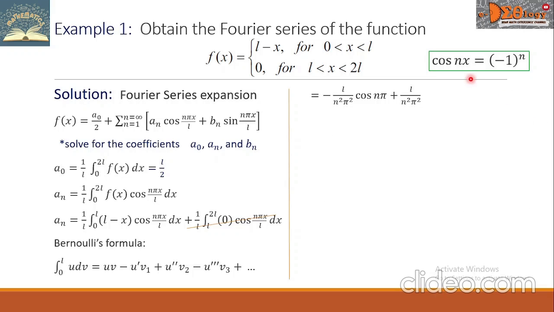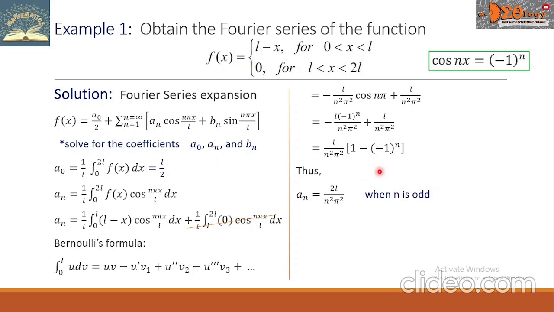Then we remember that cosine n pi is equal to negative 1 raised to power n. We will substitute it here. And this is now the resulting equation. From here, let us factor out a common factor, and that is the L over n squared pi squared times the quantity 1 minus negative 1 raised to power n.